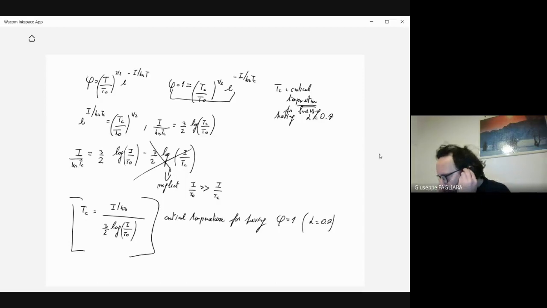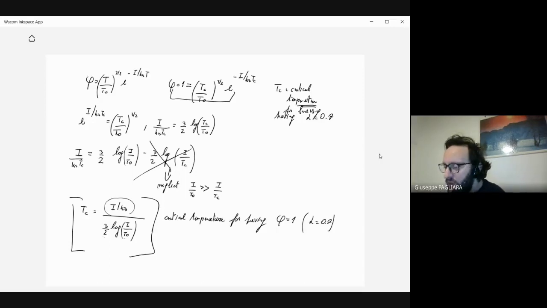And you see that in order to get the 70% degree of ionization, I get a suppression factor here. So here I have the ionization energy, of course, which is important, which is in any case suppressed by a 3/2 log of I divided by T0.